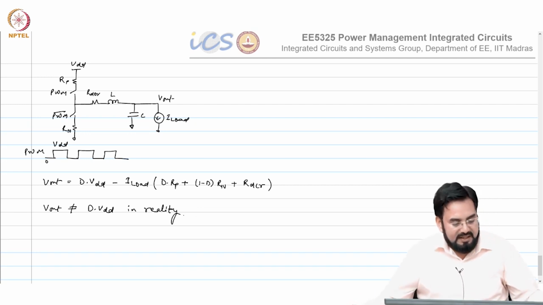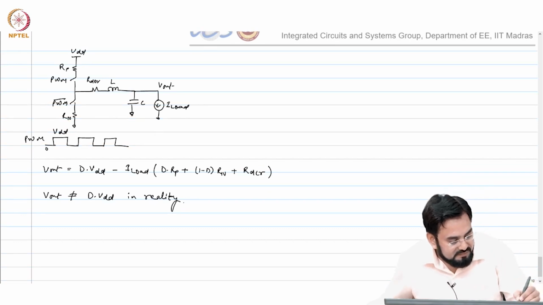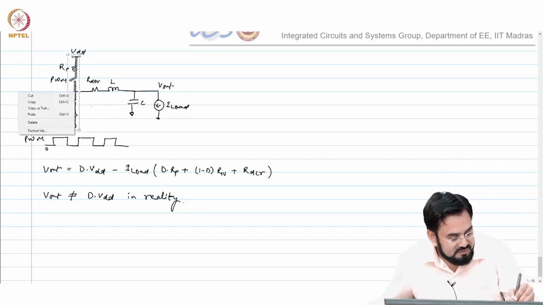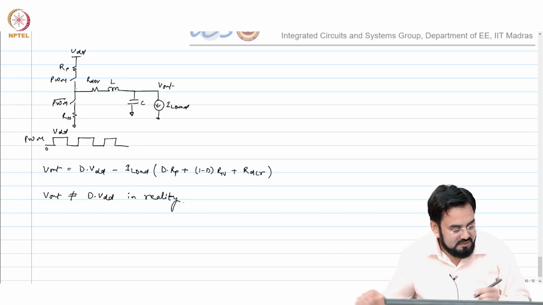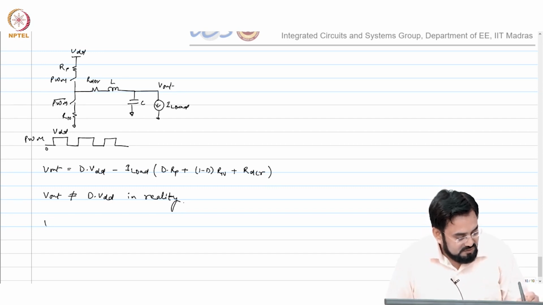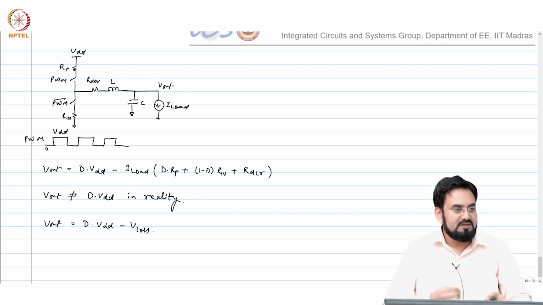Okay. So, can I call it, let us see, V out equal to D times VDD minus V loss.